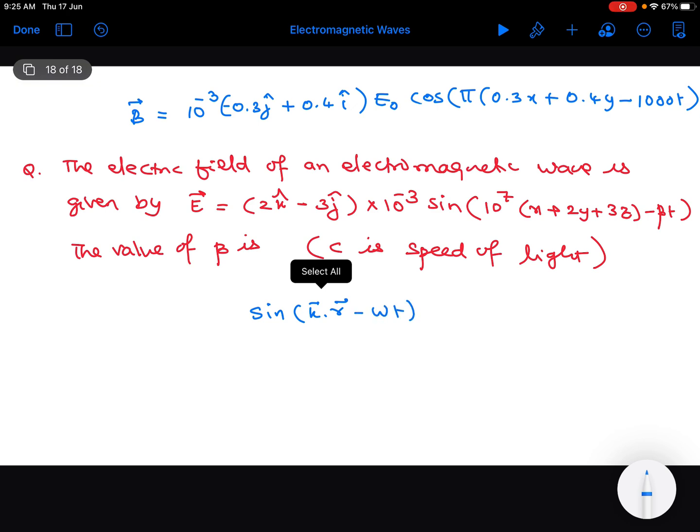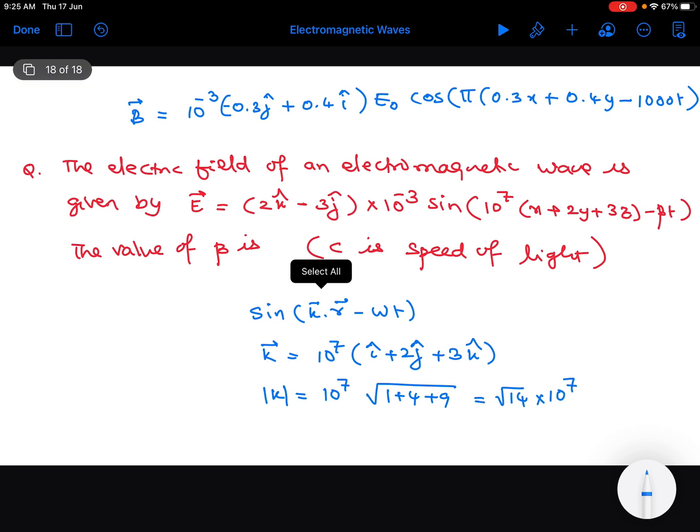Now what is k? k bar is 10 to the power of 7 times (i cap plus 2j cap plus 3k cap), and the magnitude of k is 10 power 7 under root of 1 plus 4 plus 9, so this is root 14 times 10 power 7 meter inverse.